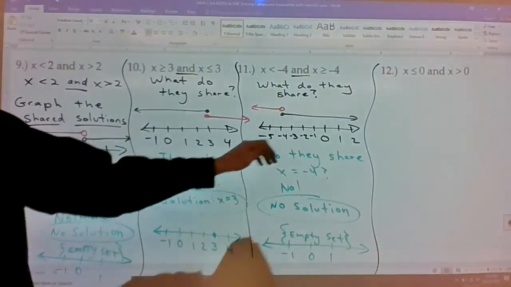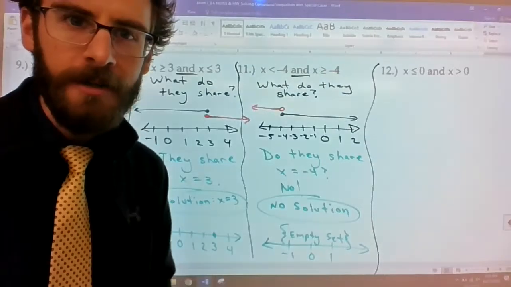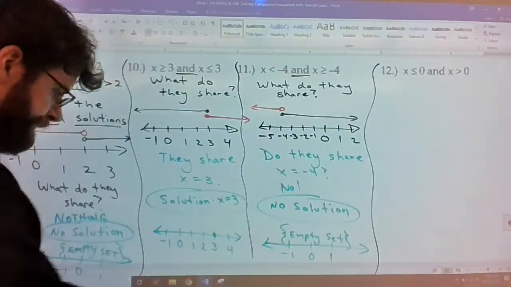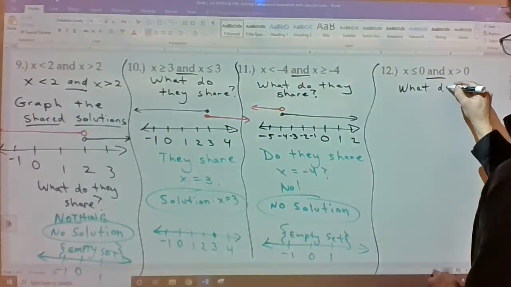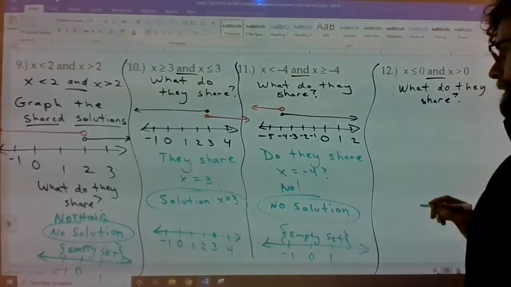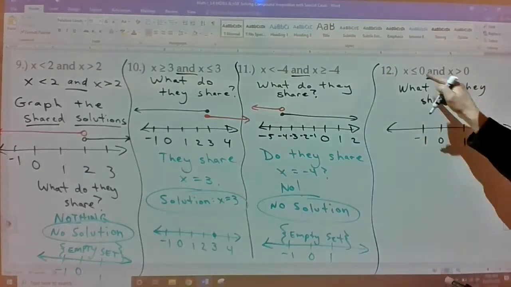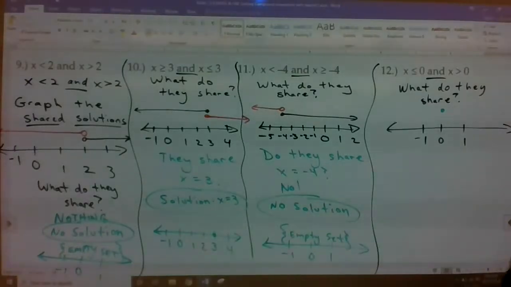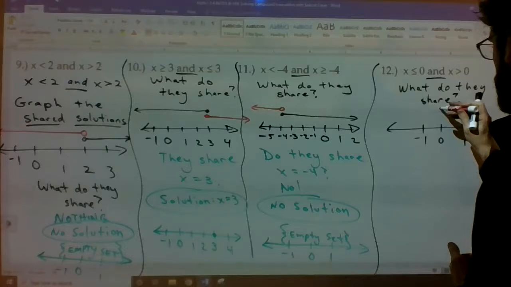Now, think about this. Look at 12. It's like the identical scenario to what you just saw. Do you think that one's going to be no solution too? Let's check it out. Since it's "and," we ask ourselves, what do they share? In red ink, I'm going to go less than or equal to 0.